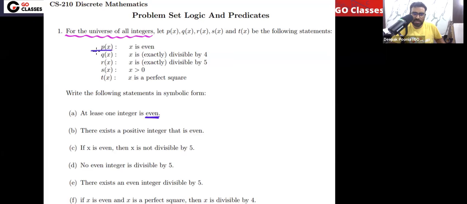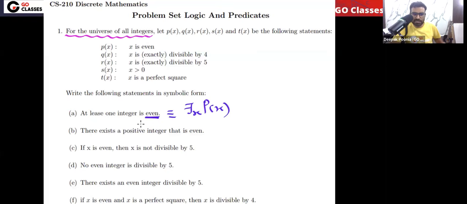The P predicate: Px means x is even. So I can directly say there exists x in the domain such that x is even. X is even means Px. That's it. So this is part A.